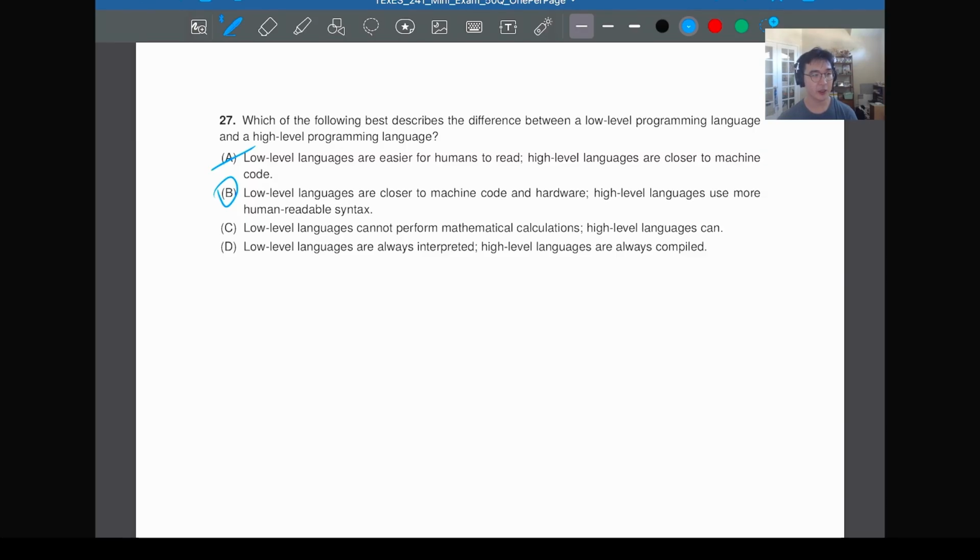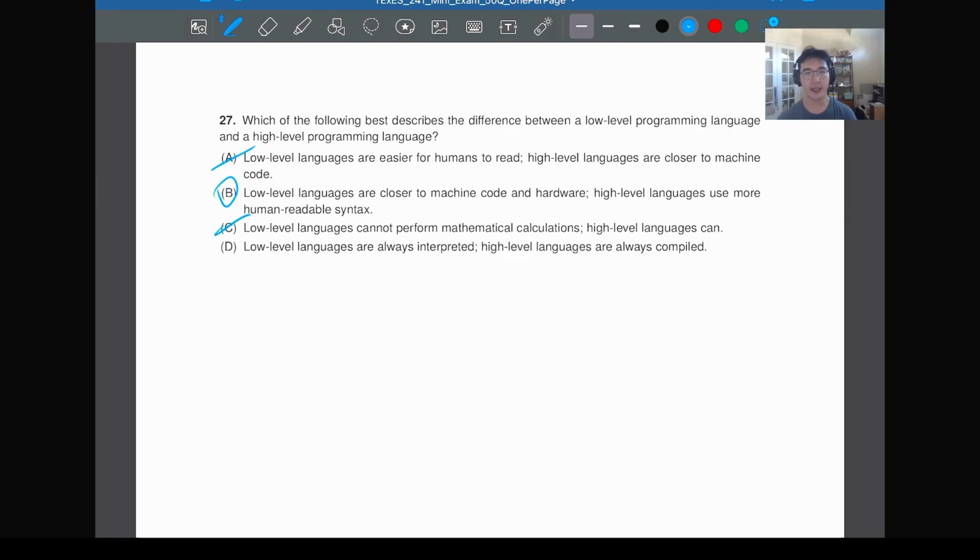C, low-level languages cannot perform mathematical calculations, while high-level languages can. Actually, both can. Oftentimes, high-level languages get compiled down or interpreted down to a low-level language to perform those mathematical calculations. So C is definitely false. And D, low-level languages are always interpreted, high-level languages are always compiled.